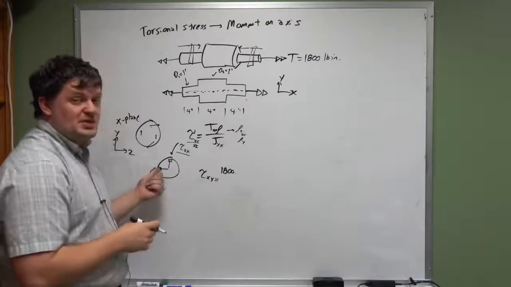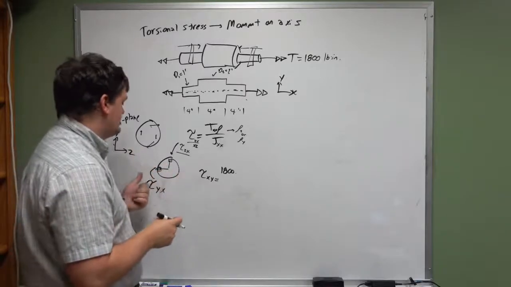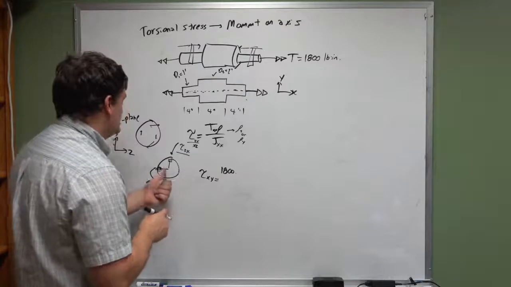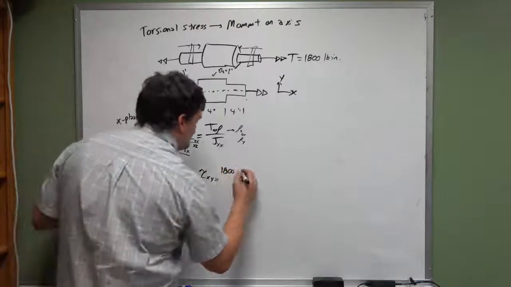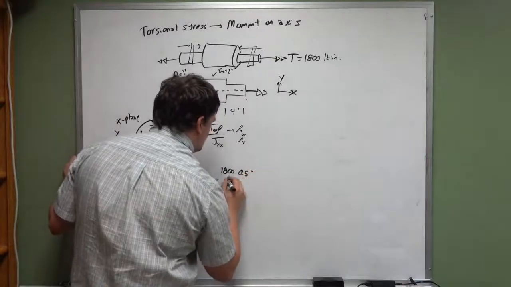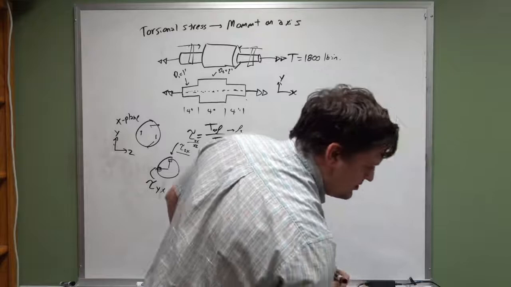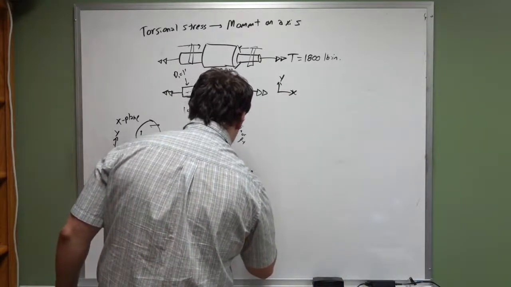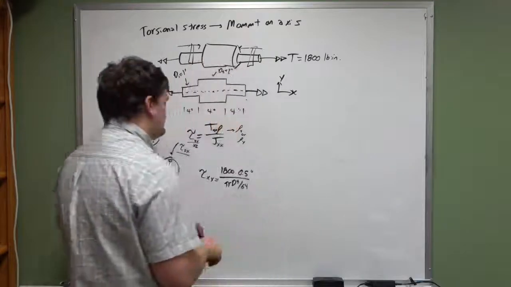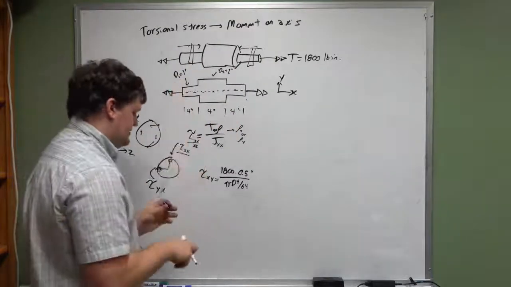It's going to be a maximum at the outside of the shaft, because when rho increases, that stress is going to increase. So we'll go all the way to the outside of the shaft, which is half an inch away, and divide that by pi d to the fourth over 64, where d here is 1 inch. That's what we said right there.